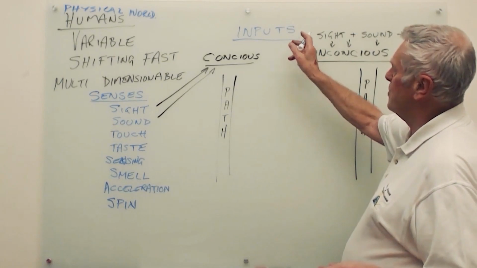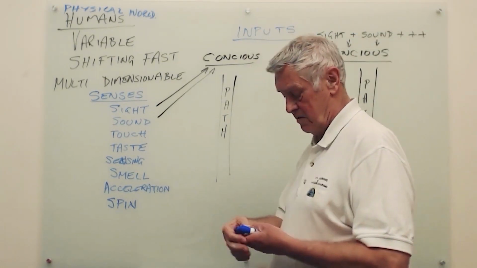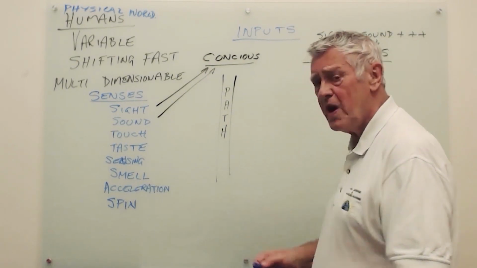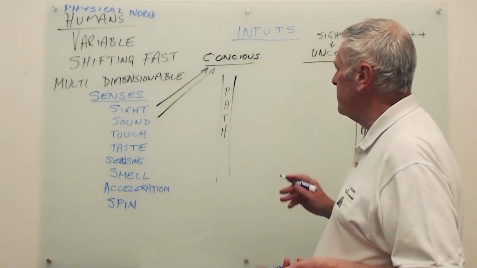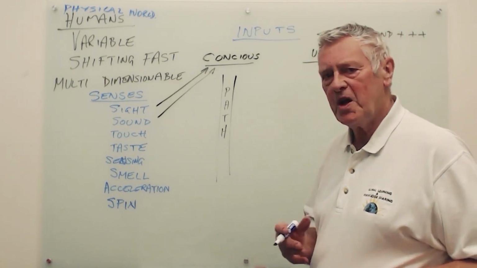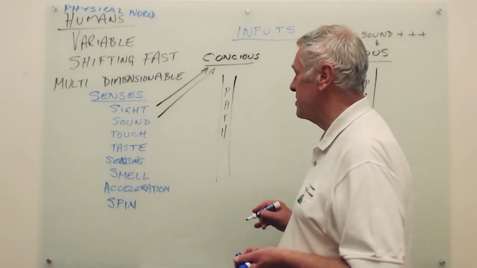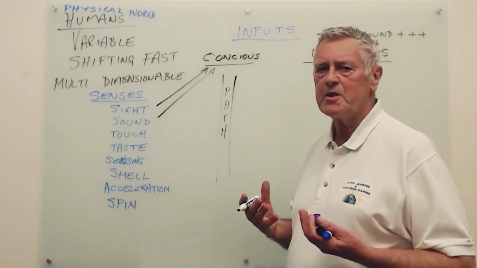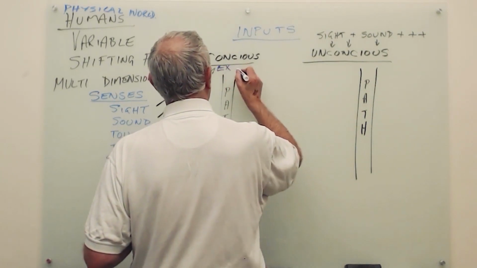Now, some of these inputs, as I say, come into your conscious. And there's some formal words for this that people use. I'm not going to use red because red is kind of a shouty type color. And what I'm going to tell you is the words that you might be able to look up on YouTube, but they're not words I like to use because they're kind of fancy words, really, and they're not really meaningful. So this is called explicit.